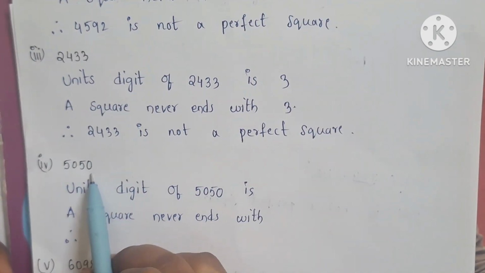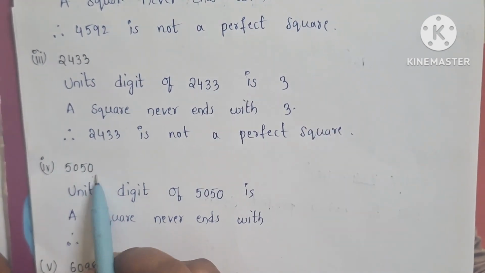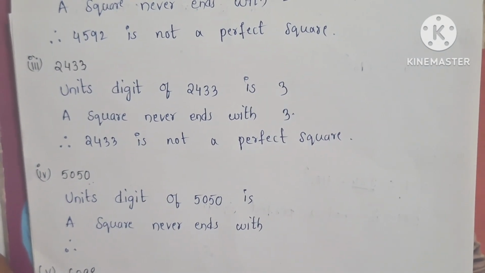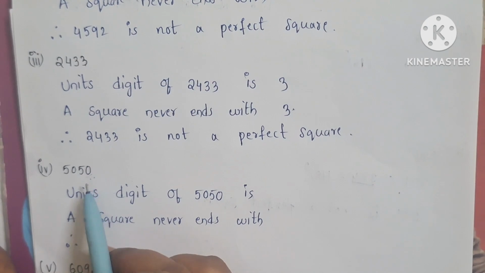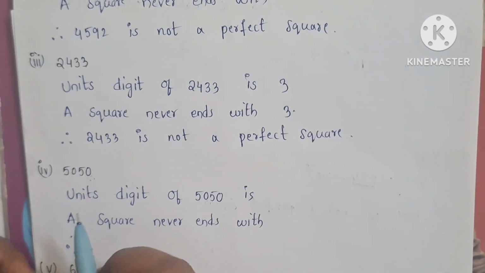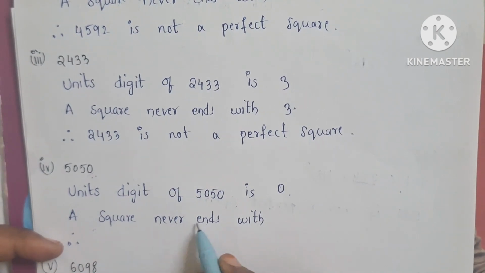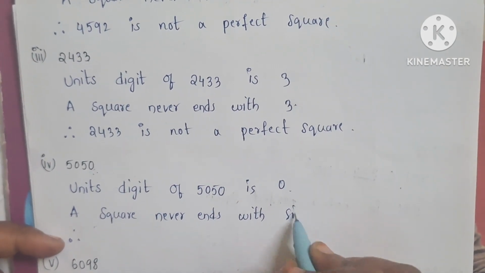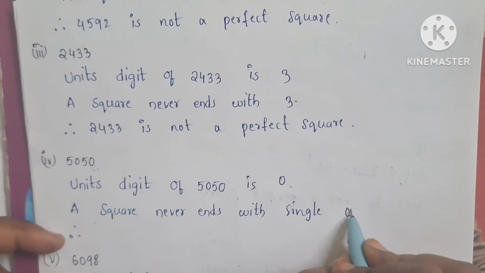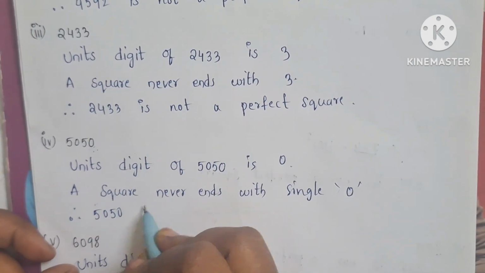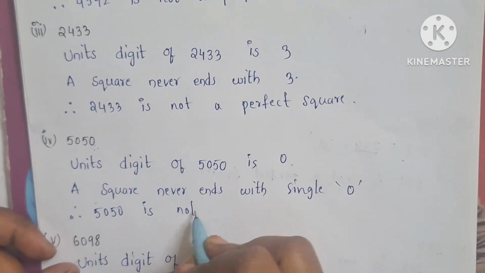See, here the unit digit is 0 for 5050, but a square ends with 2 zeros, not 1 zero. If only 1 zero is there at the ending, the number is not a perfect square. Therefore, a square never ends with a single 0. Therefore, 5050 is not a perfect square.